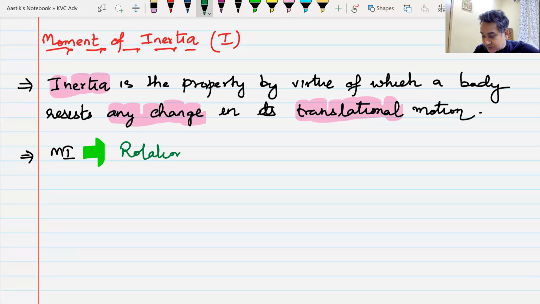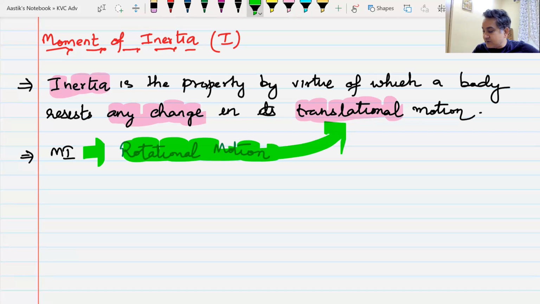Same thing. You have to write the entire definition. The only thing that will change is this rotational motion will come in place of this translational motion. So moment of inertia is the property by virtue of which a body resists any change in its rotational motion.